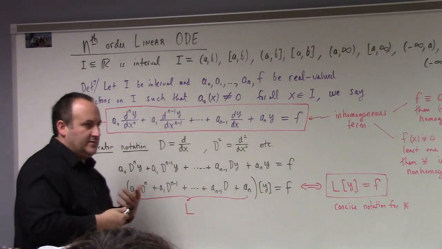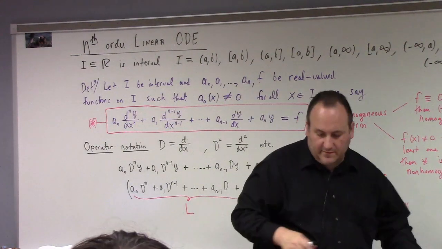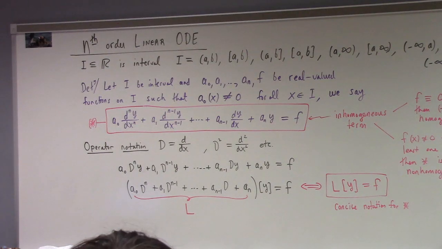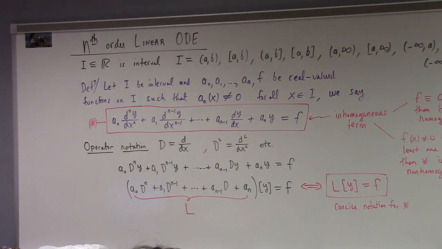Now we'll get into a lot more details about the operator stuff another day, but I'm just going to tell you this much. For today, if you take the jth derivative operator and you act on, say, c y1 plus y2, you can prove that you can pull out the constant and take the jth derivative of the first function and then add the jth derivative of the second function like that.